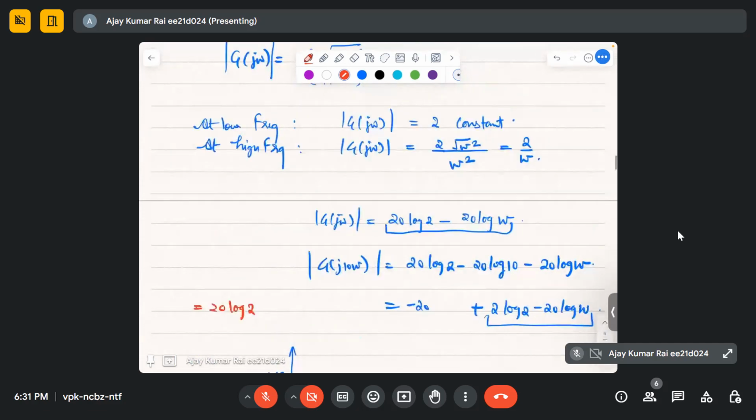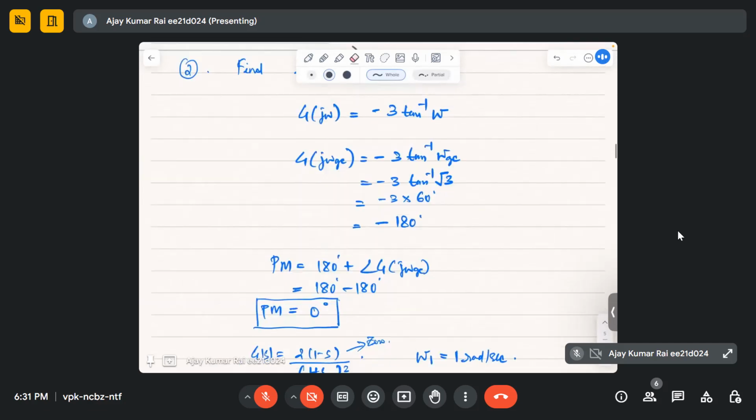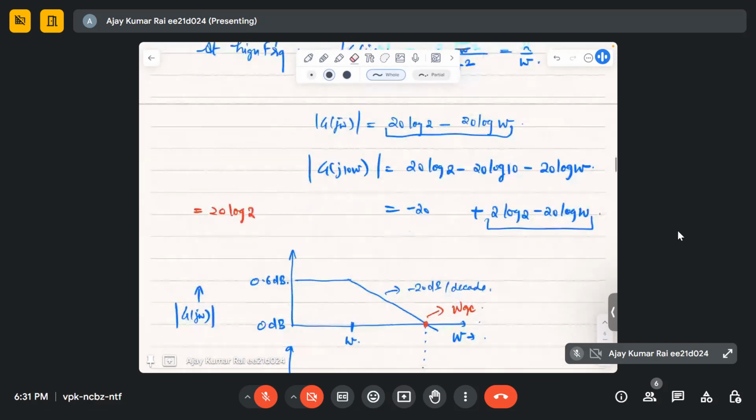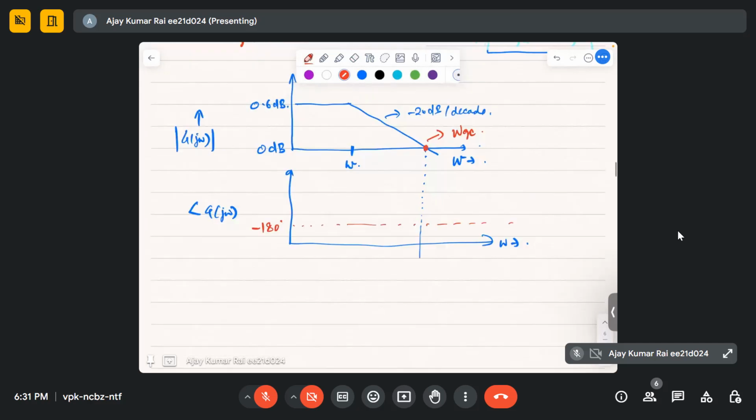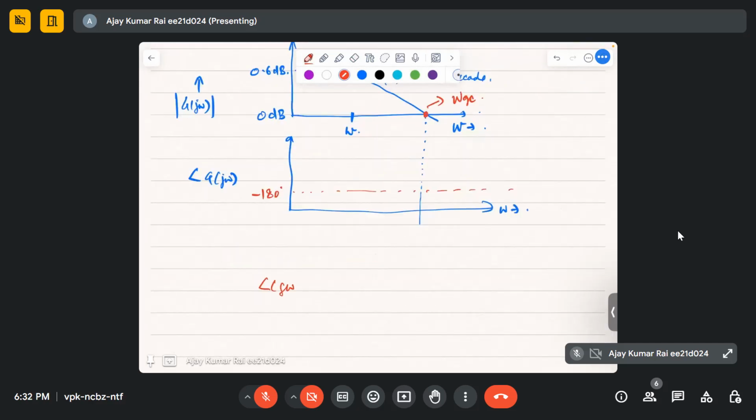But if you look at the formula for phase, what I was getting, phase was equal to 3 into tan inverse of omega, right? I try to find out the phase at higher frequency. That means if I put omega equal to infinity, tan inverse of infinity is what? 90, right?